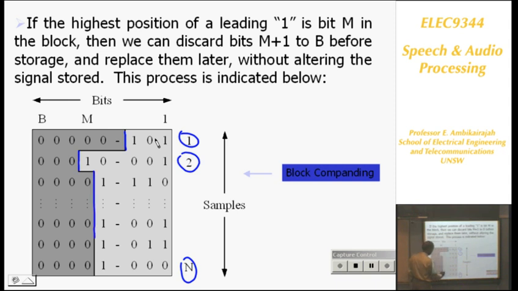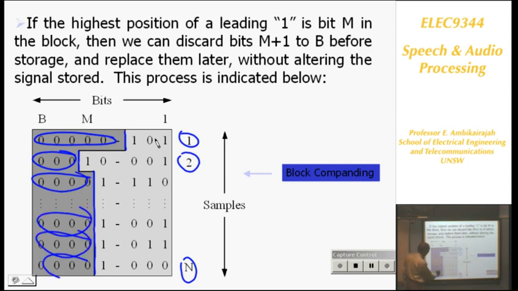But really, in block companding, what you do is find if you've got leading zeros in a particular sample, you can safely take them out. But you need to keep the sign, positive or negative. So you don't need all these unwanted bits.